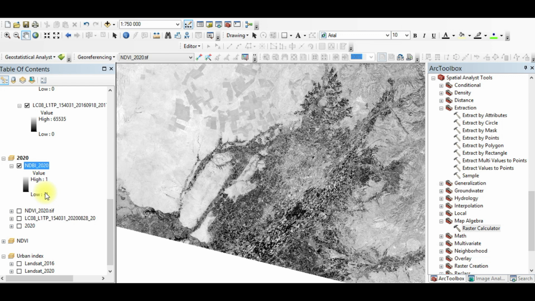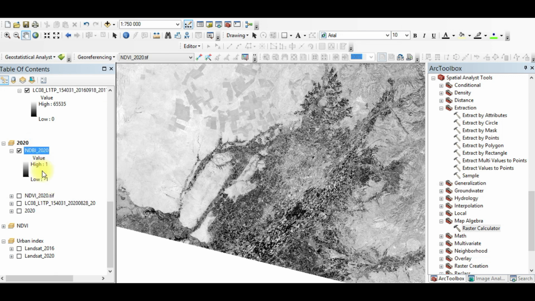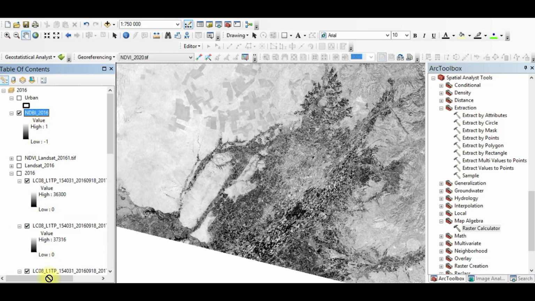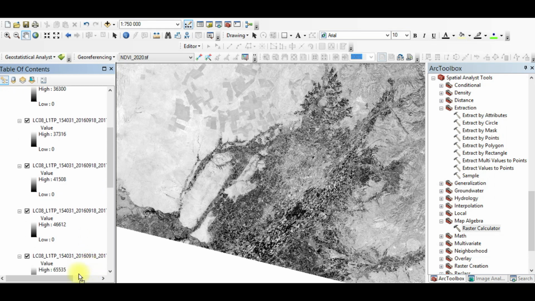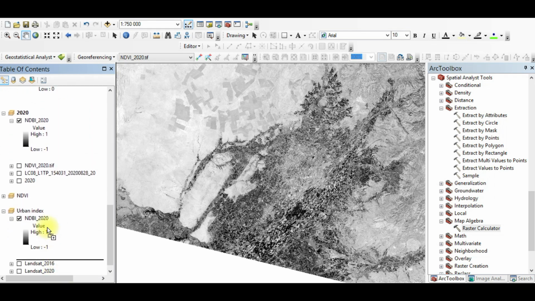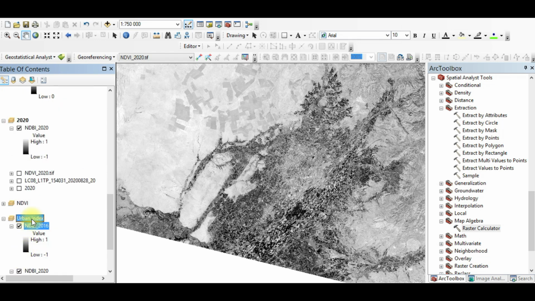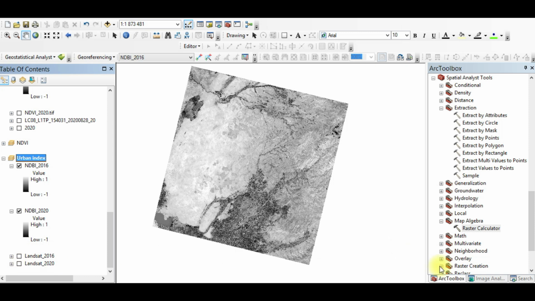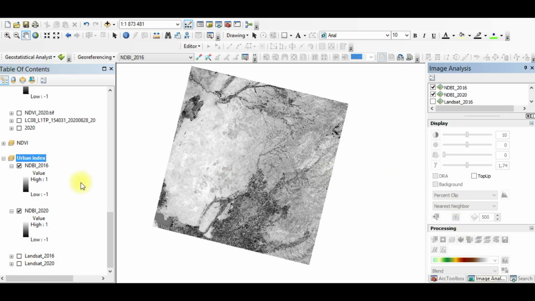So, and the last step is just to move NDBI 20 and NDBI 16 to this data frame, urban. And we can also compare here.